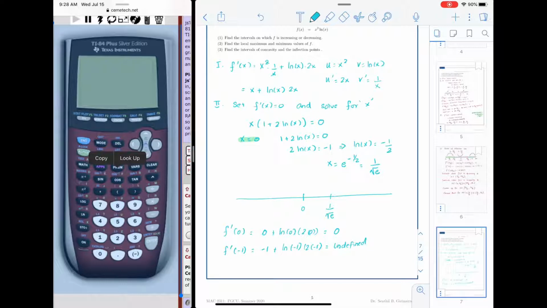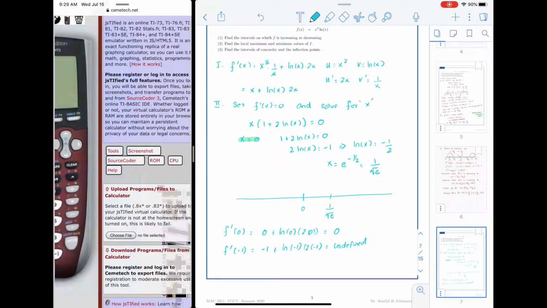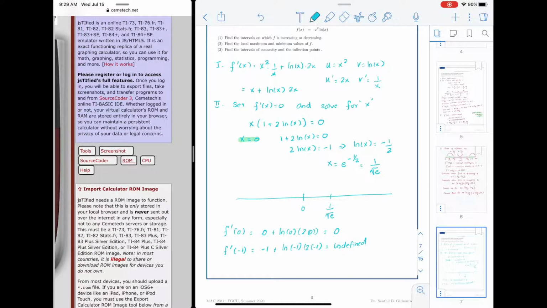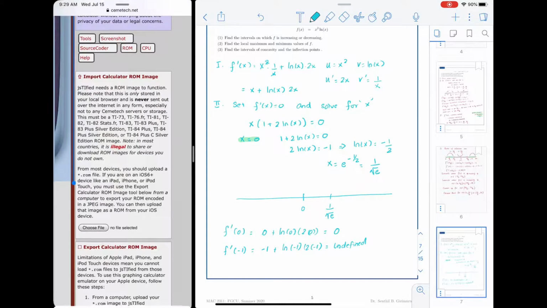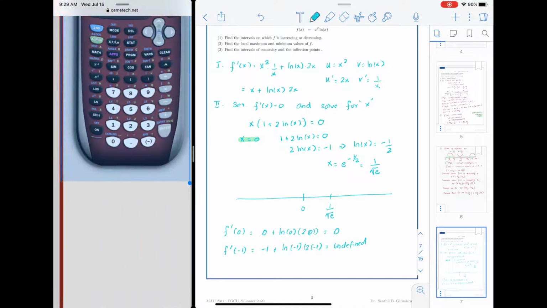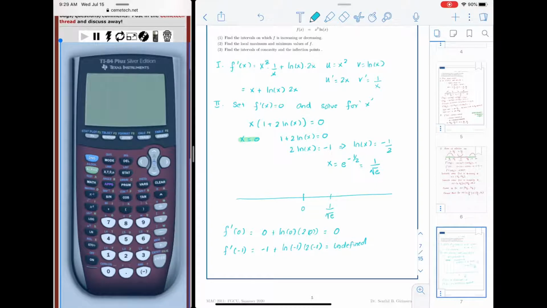So I am going to pick an easy number between 0 and 1 over square root of e. Let's find out what 1 over square root of e is. So 1 divided by square root of e.